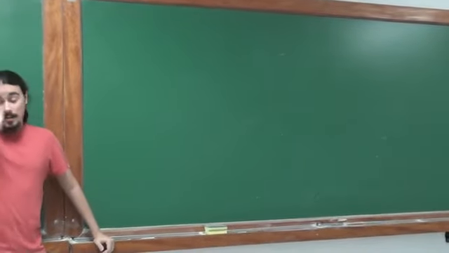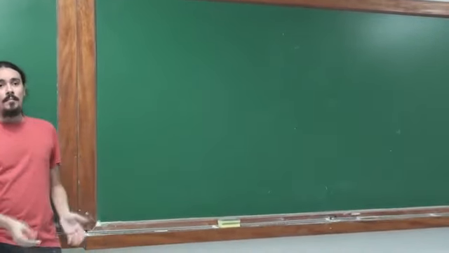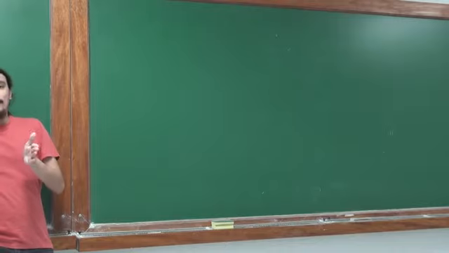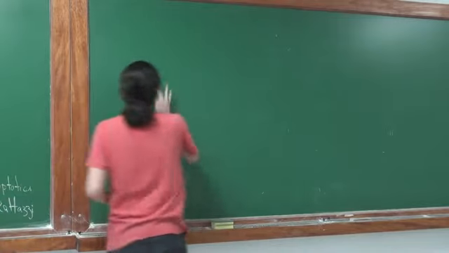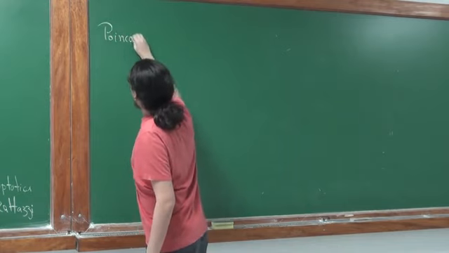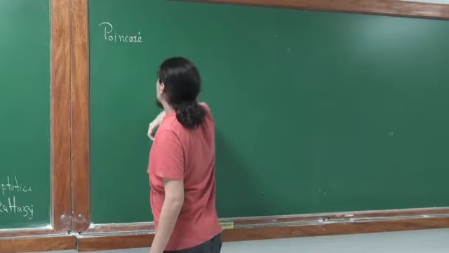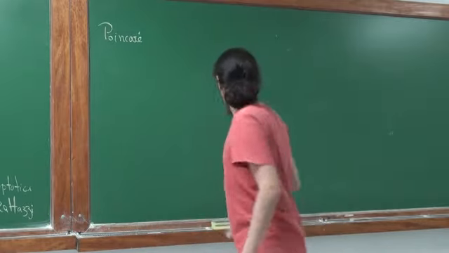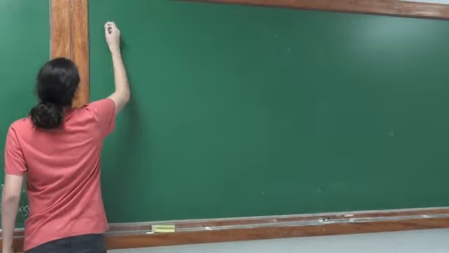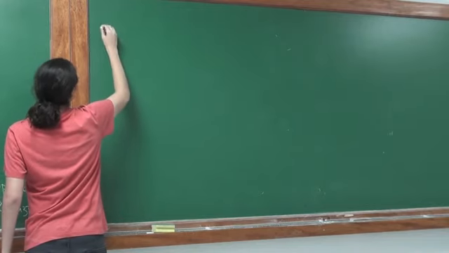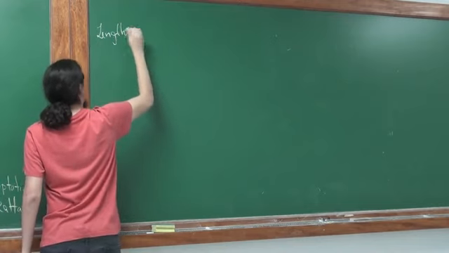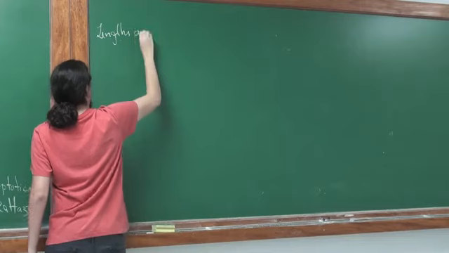We only have processes that preserve both length scales and shapes, angles. So we demand that we have Poincare invariance. Let me put it another way. We demand that lengths are preserved.